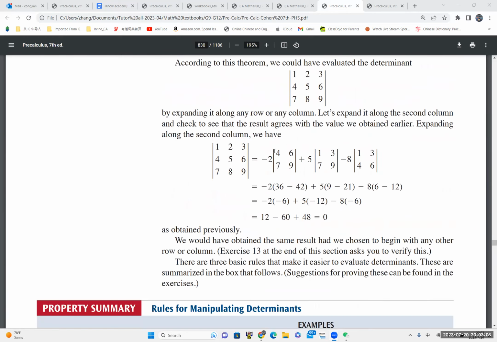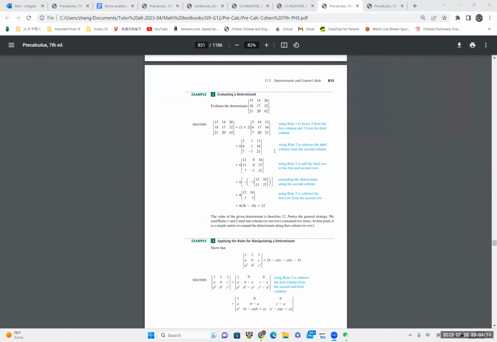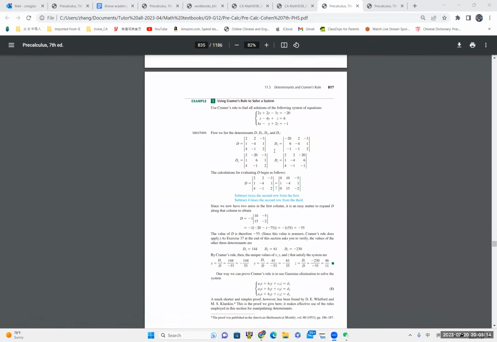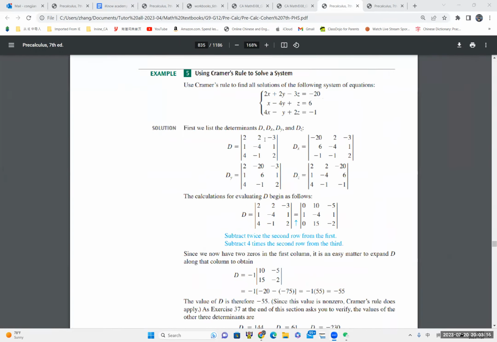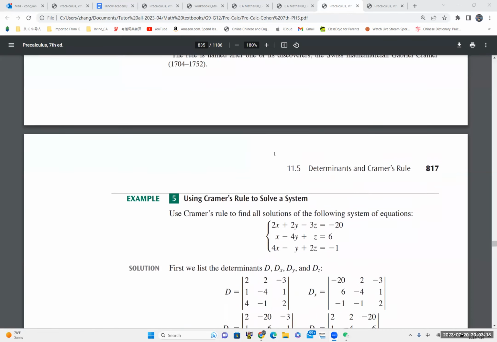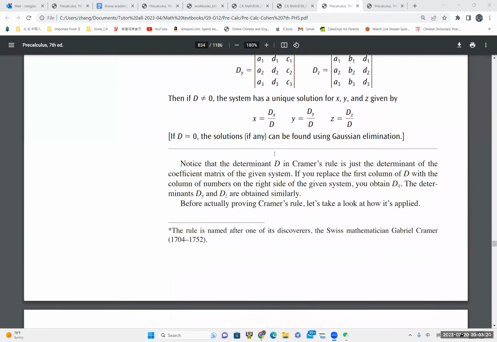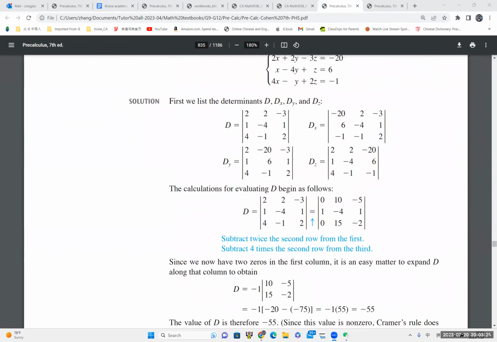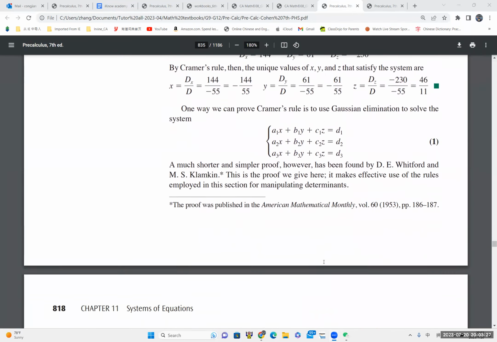Then, as I mentioned, you need to know how to use it with Cramer's rule here. Follow this example, then know how to do it.